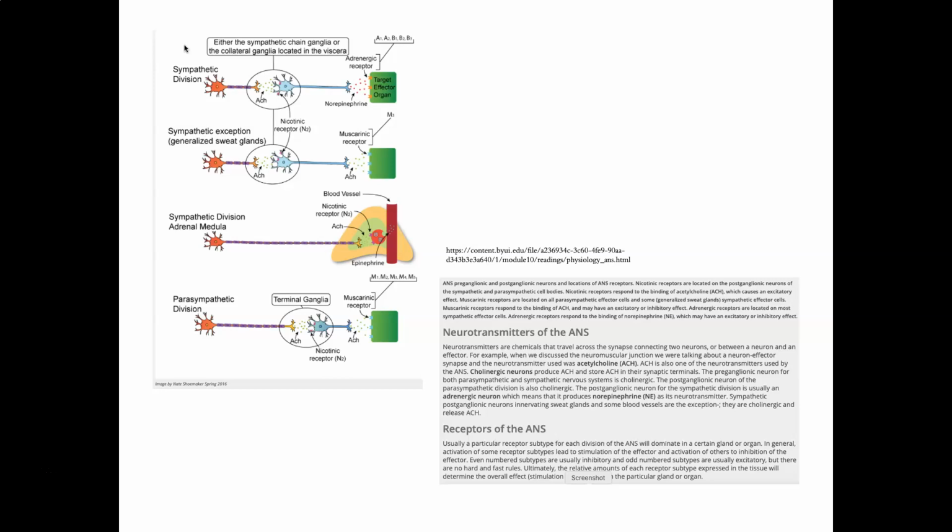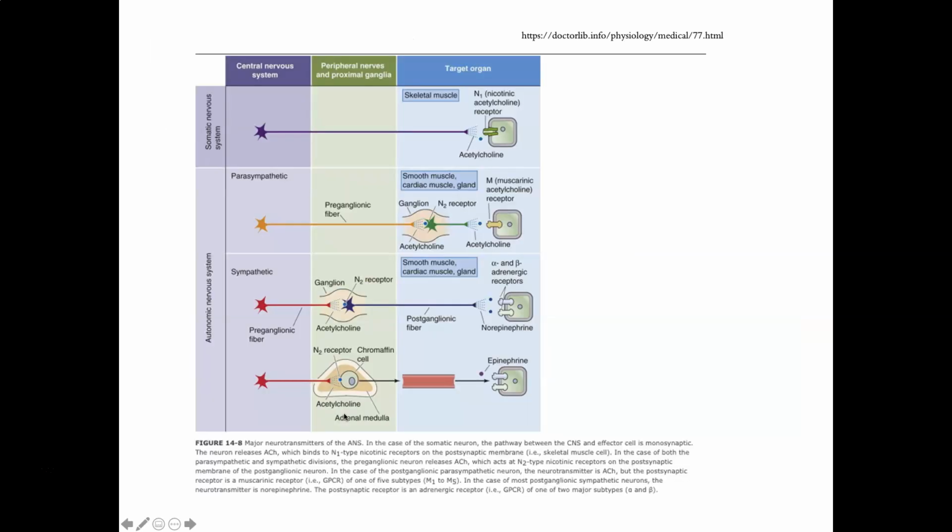And if you're still not sure about neurotransmitters and receptors, this information here on the bottom right should be helpful to you. All right, one more. This is showing you whether it's the autonomic or the somatic nervous system. It's showing you what's happening at those different junctions and what's happening at the target organ.